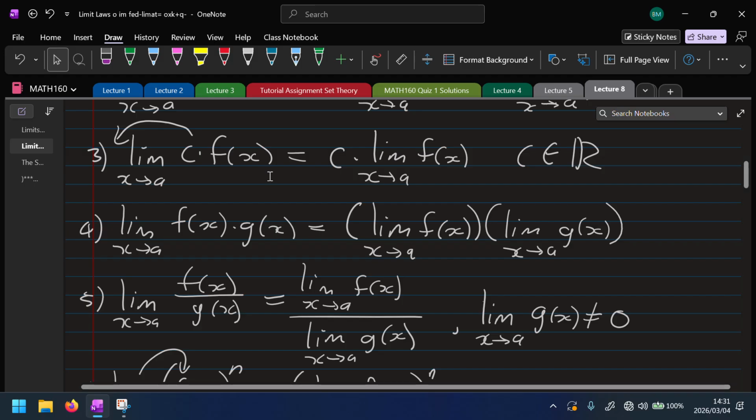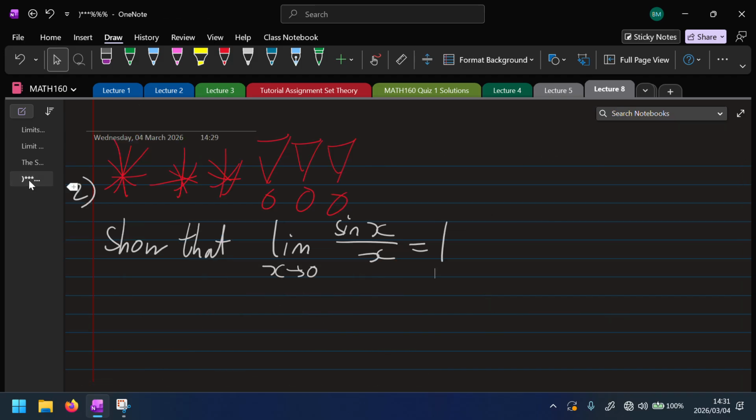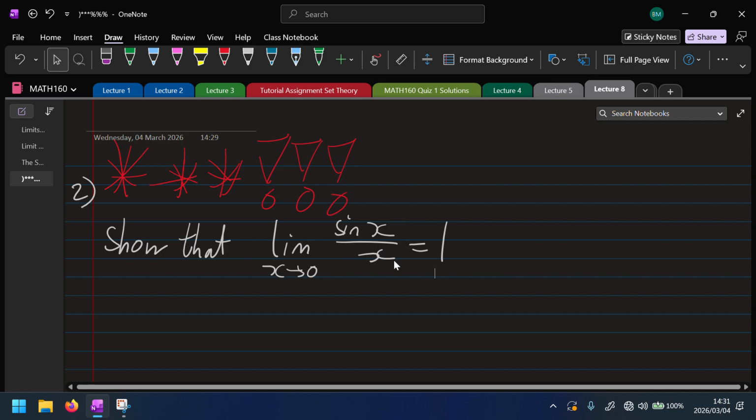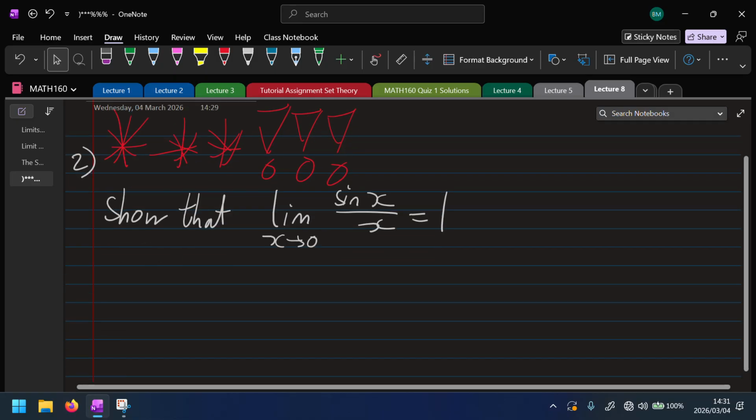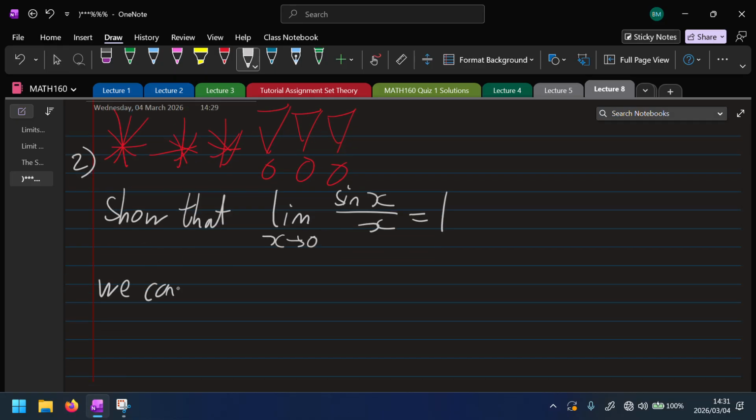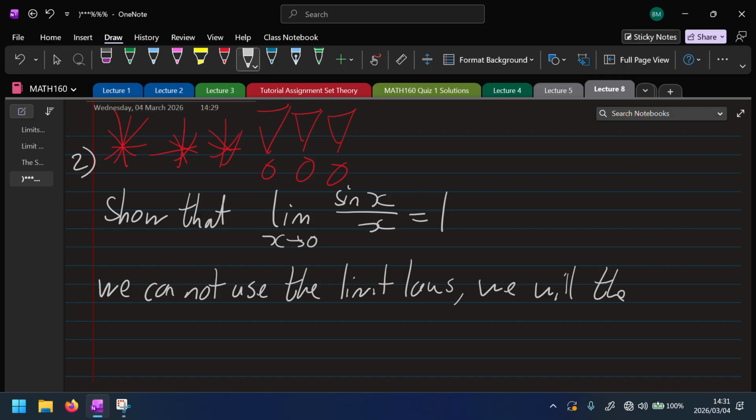We must use something else. Over here, the bottom will end up being 0. We cannot use the limit laws. We must use something else. We're going to use the squeeze theorem.